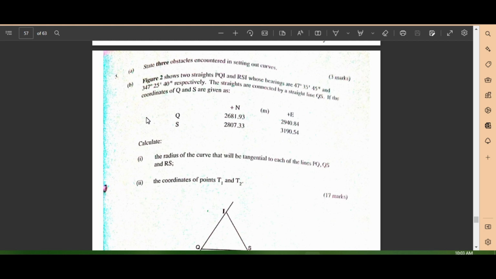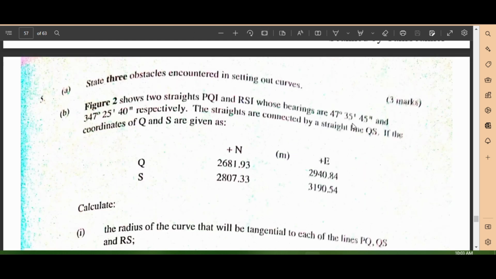So this is a survey question for curve ranging, so setting of curves, and let's go ahead. This was question 5b. Figure 2 shows two straights, PQI and RSI, whose bearings are 47 degrees 35 minutes 45 seconds, and 347 degrees 25 minutes 40 seconds respectively.